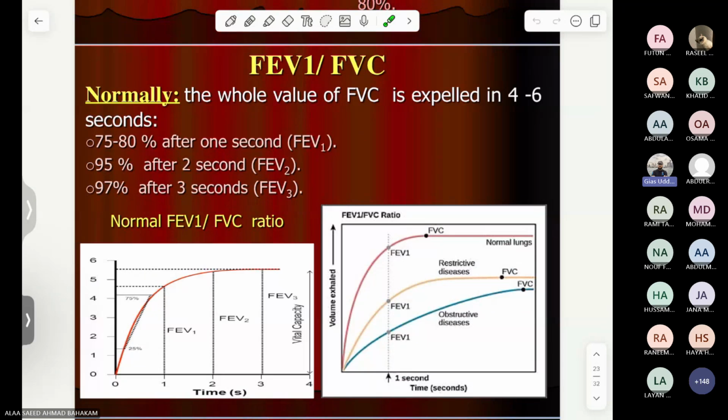Here you see. So normally the whole value of FVC is expelled in 4 to 6 seconds, as you see. 75 to 80% in 1 second. FEV2, 95%. FEV3, 97%.